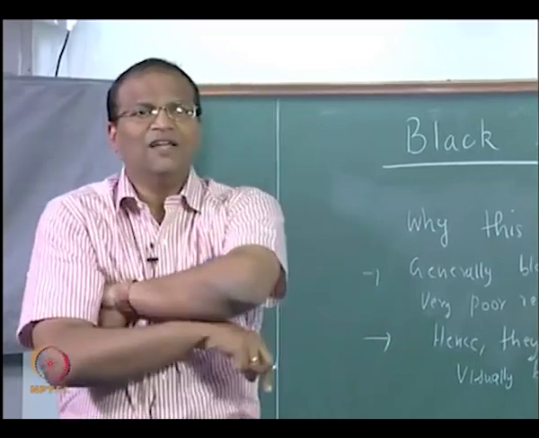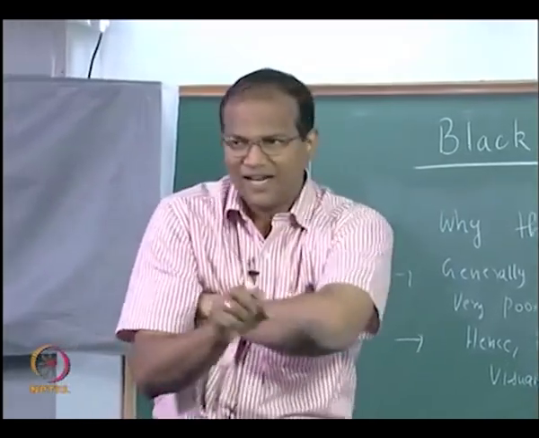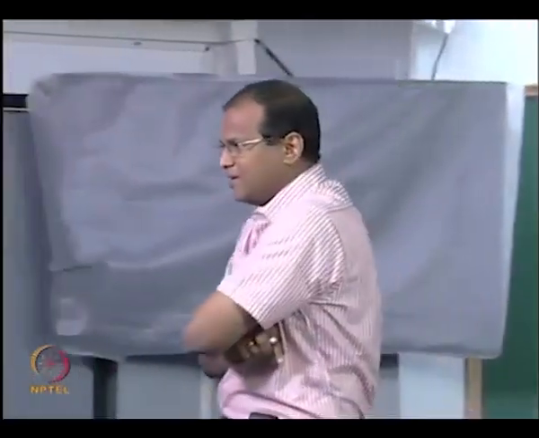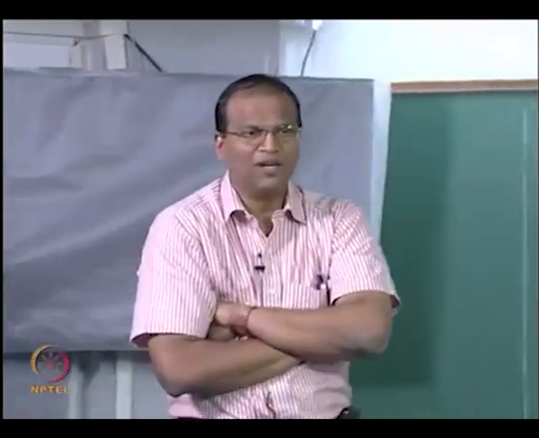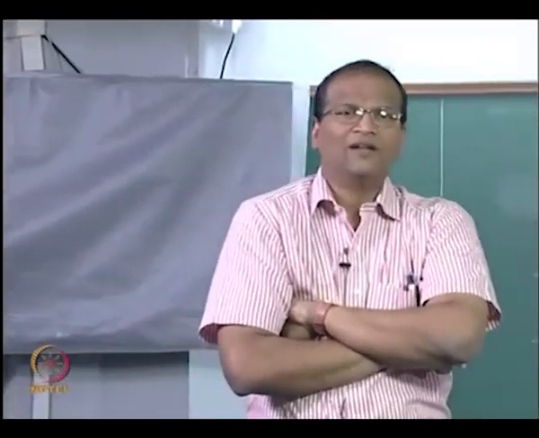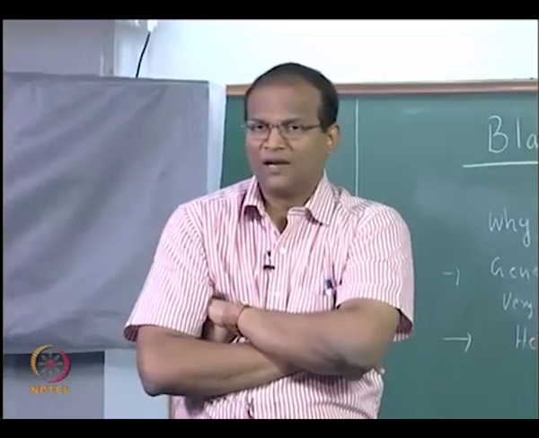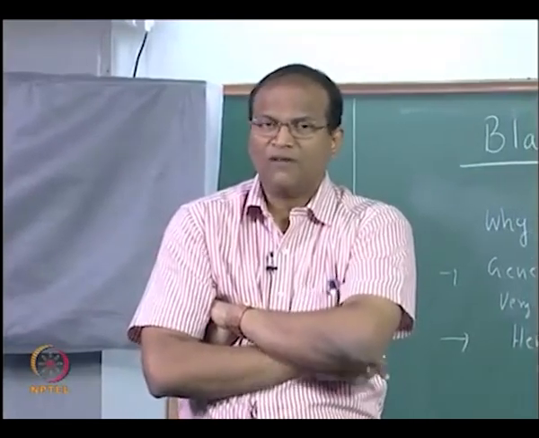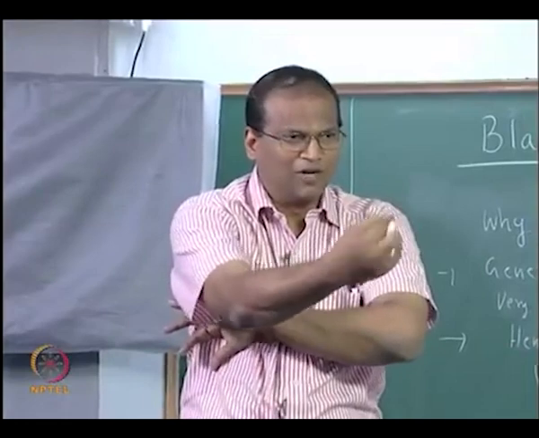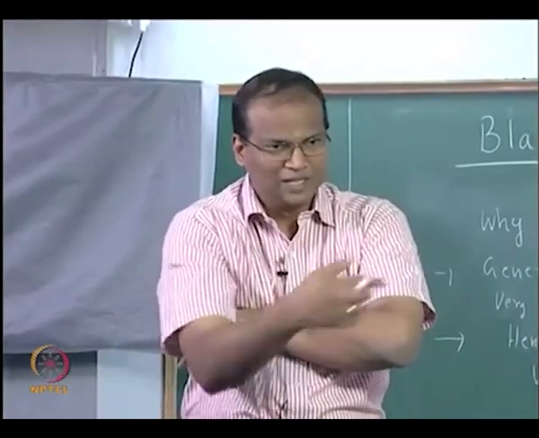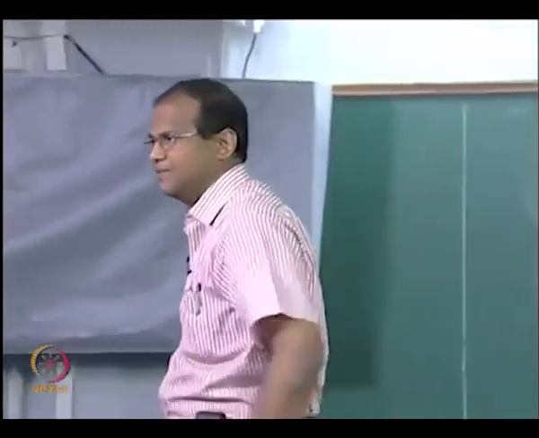But a radiatively black body has to be visually black, while a visually black body need not be radiatively black. In fact, a radiatively black body like ice is actually white in color, because unfortunately for a certain portion of the spectrum alone it is doing some reflection. In the other portion of the spectrum, it just absorbs everything.